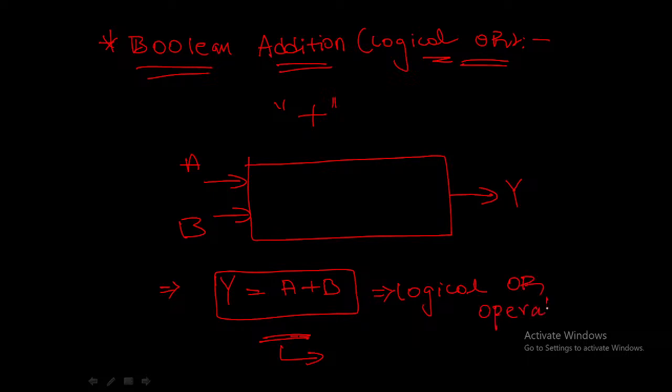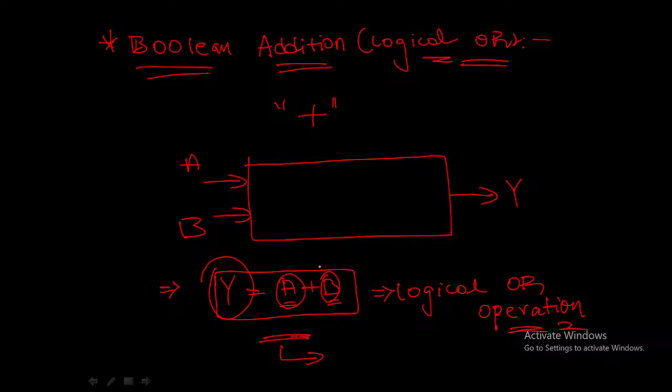What this Boolean expression is telling us is that the output is the sum of the two inputs A and B, that is, the addition or Boolean OR of the two inputs A and B. It explains the behavior of the circuit: Y is equal to A plus B.